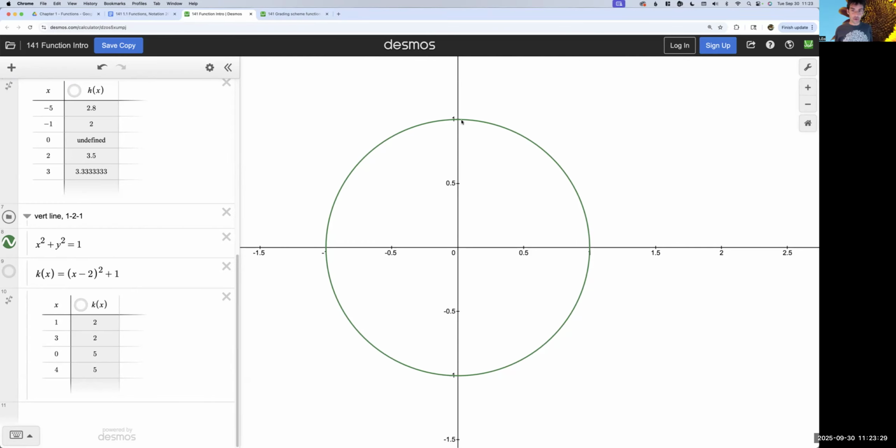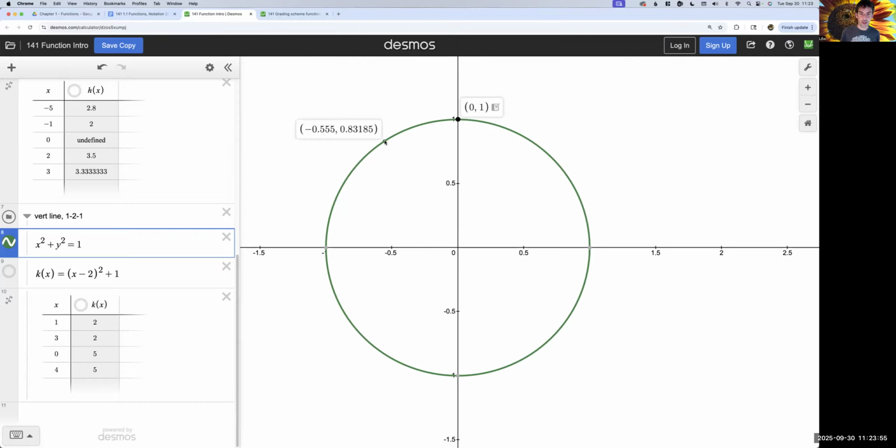The graph of an equation is similar to the graph of a function in that each point on the graph is a coordinate pair where, in this case, the first coordinate is our x coordinate, the second coordinate is our y coordinate. If we put these values in for x and y, the equation's true, right? In this case, 0 squared plus 1 squared is equal to 1.